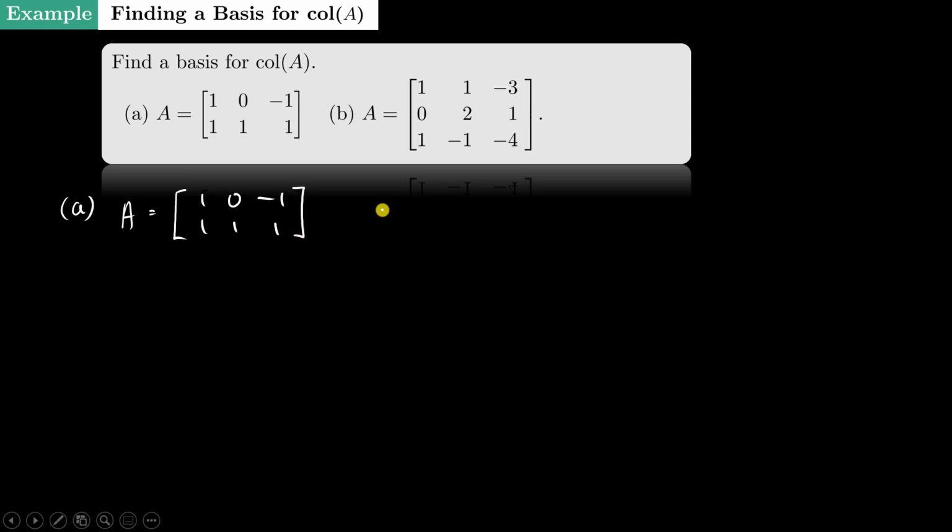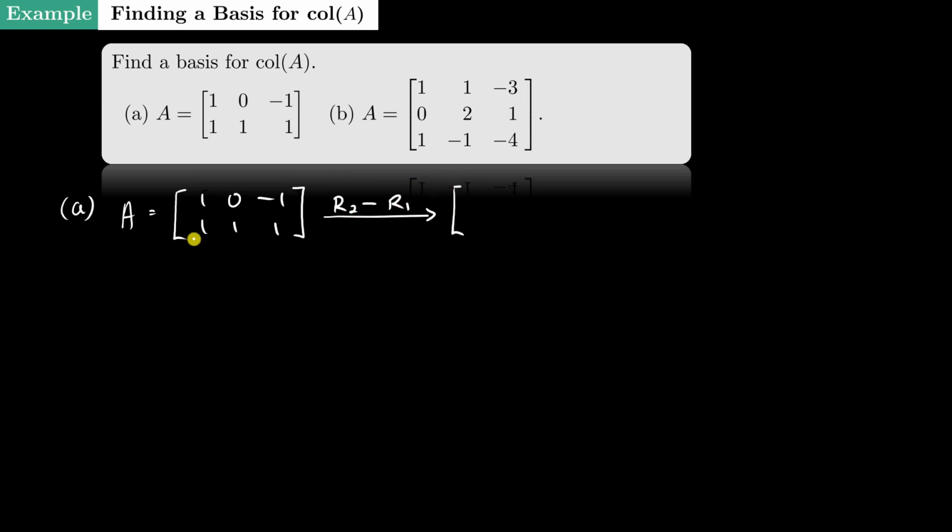And recall that to find the basis for a certain matrix, we have to compute the row echelon form, identify the pivot columns, and then the corresponding columns from the original matrix A will be the basis for the column space of A. So we perform the row operation R2 minus R1.